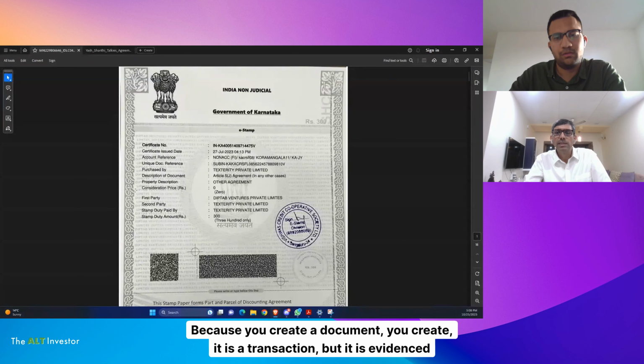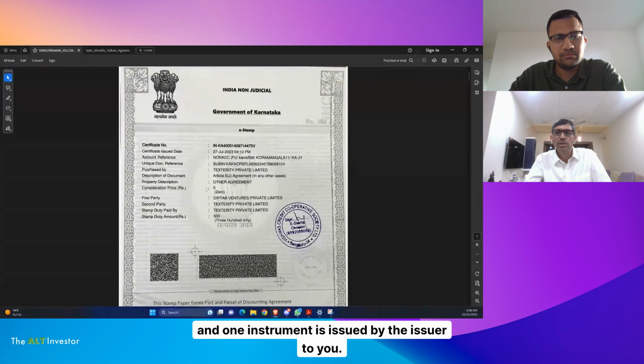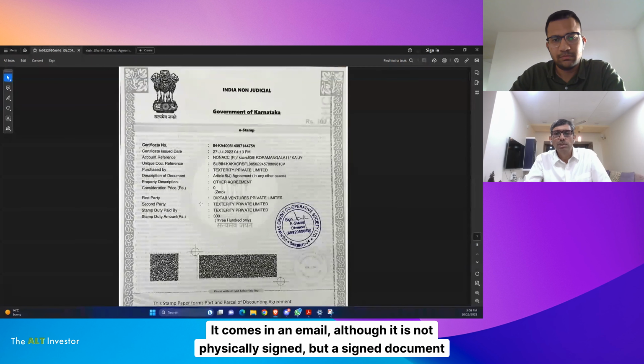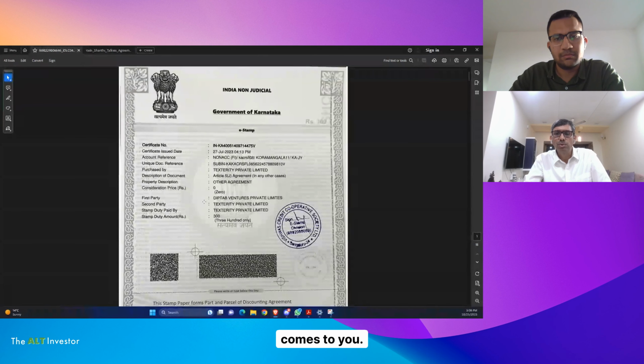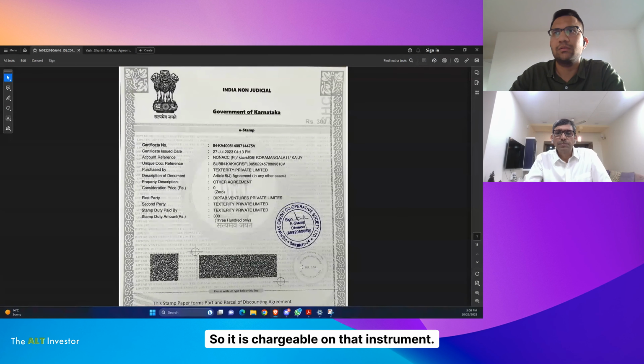It is a transaction, but it is evidenced by some instrument, and one instrument is issued by the issuer to you. It comes in an email, and although it is not physically signed, a signed document comes to you. So it is chargeable on that instrument.